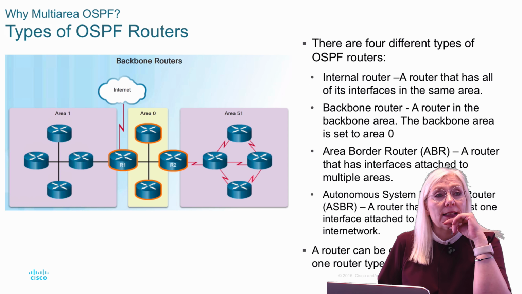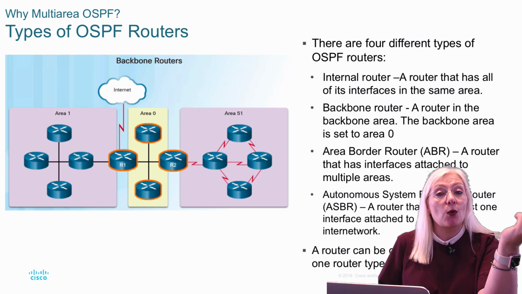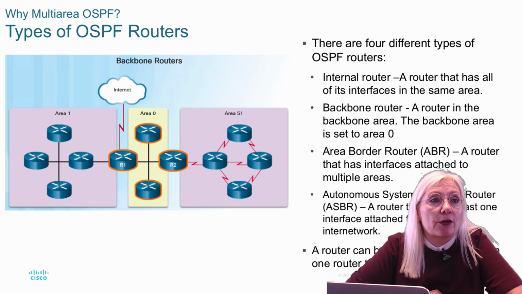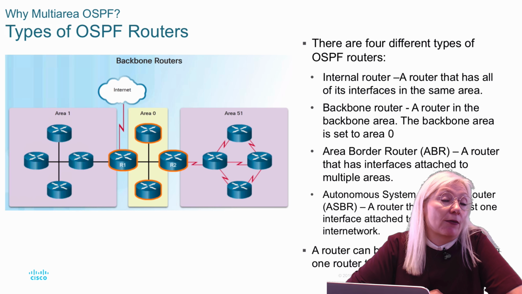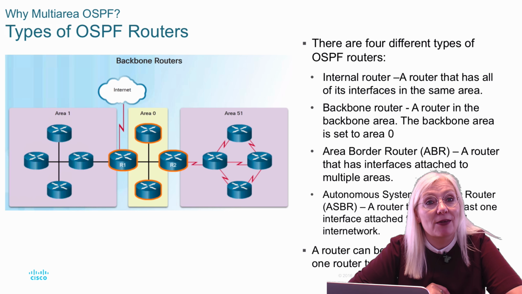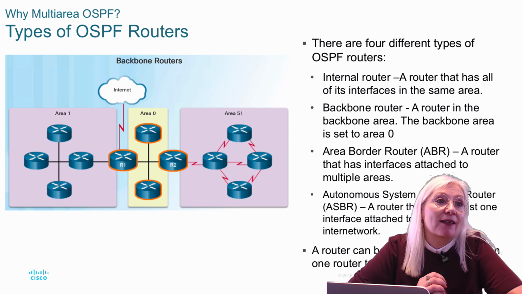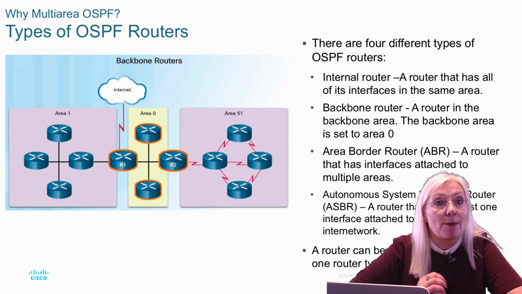When we look at the different areas, the different routers will have different roles. An internal router is a router that has all its interfaces within the same area. A backbone router is a router in the backbone area, area 0, with its interfaces in the backbone.